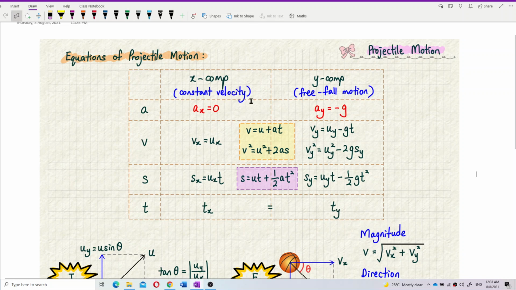These two components are only linked by the time taken, because they happen simultaneously. That's why they have the same time. The time taken for the x component and for the y component are the same.